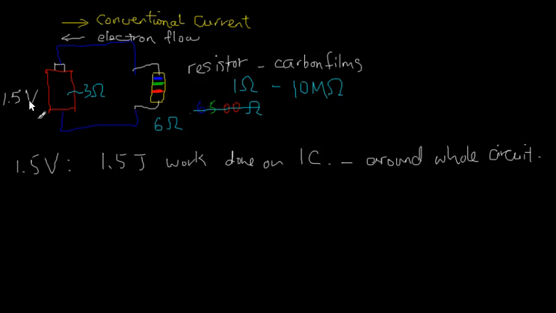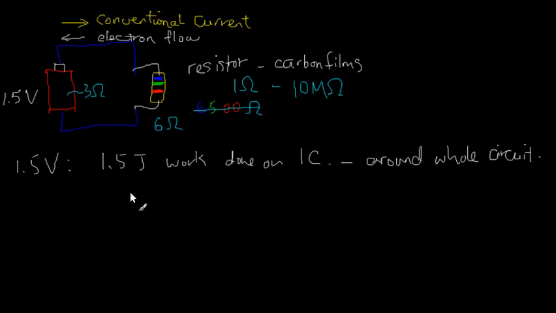So the 1.5 volt, meaning that if 1 coulomb of charge is pushed around the circuit once, that 1.5 joules of work that is done has to be split between this 6 ohm resistor outside the battery, and the 3 ohm resistance inside the battery. So part of the 1.5 joules go here, part of the 1.5 joules go there.